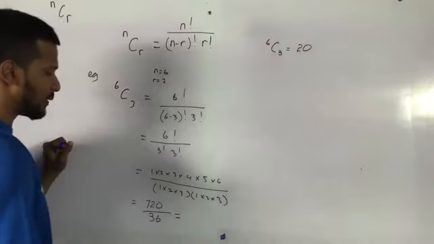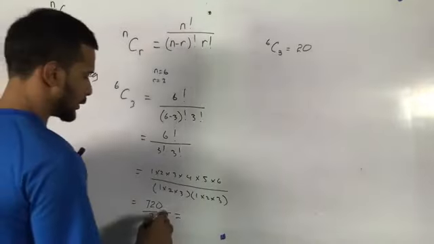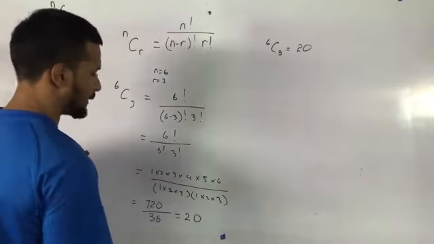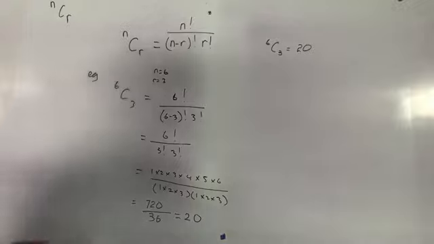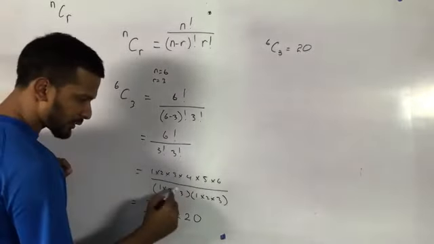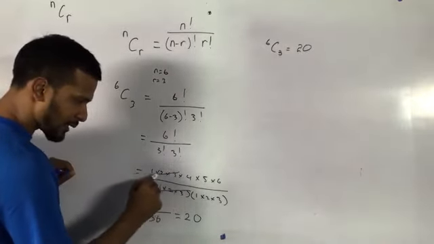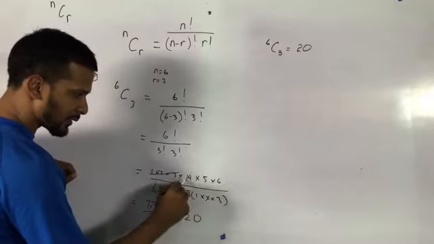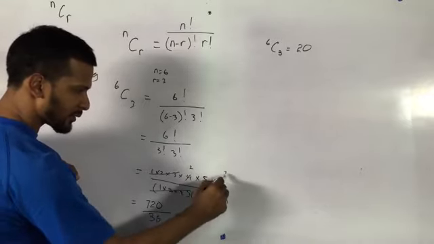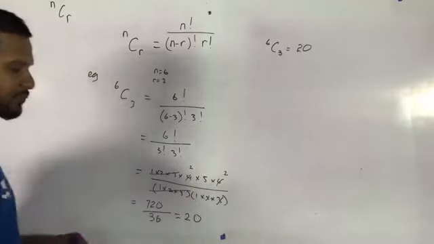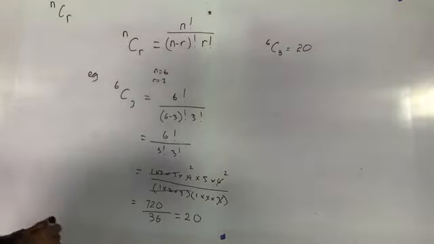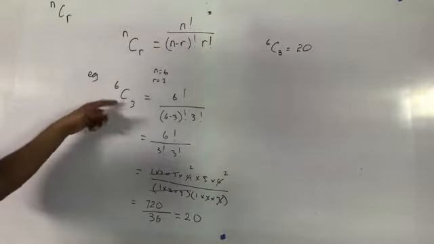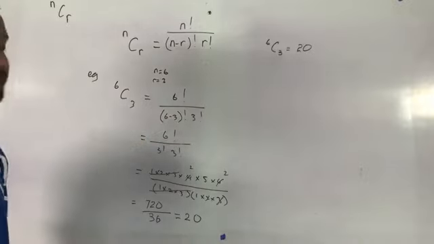If we simplify this, we should get 20. Good? And that's why you simplify, because since they are products, we can cancel. 2 into this is 2, 3 into this is 2. 4 by 5 is 20. Very good. So that's the way we work out factorial. 6C3 is 20. That's okay?